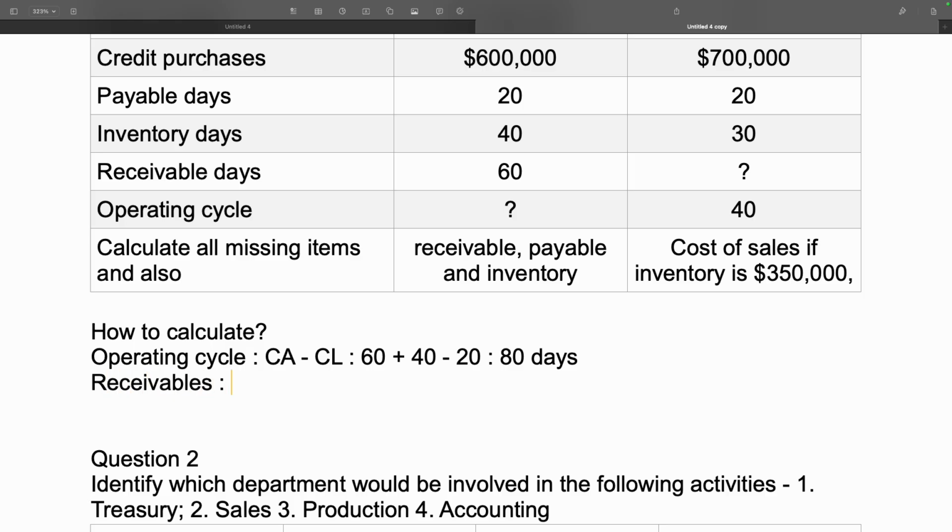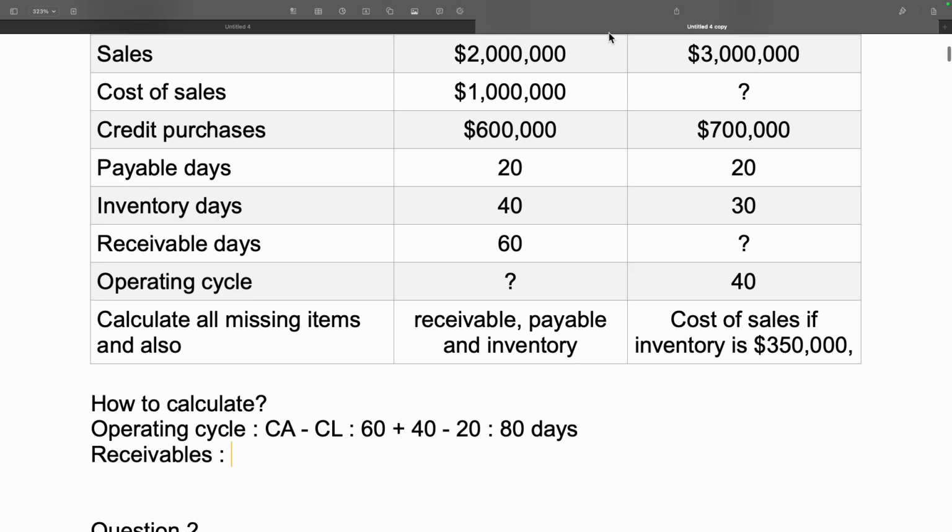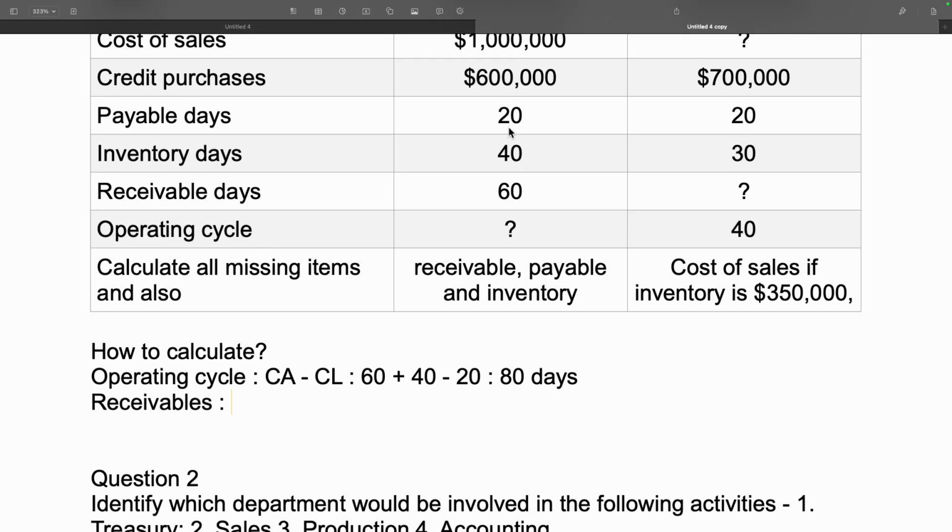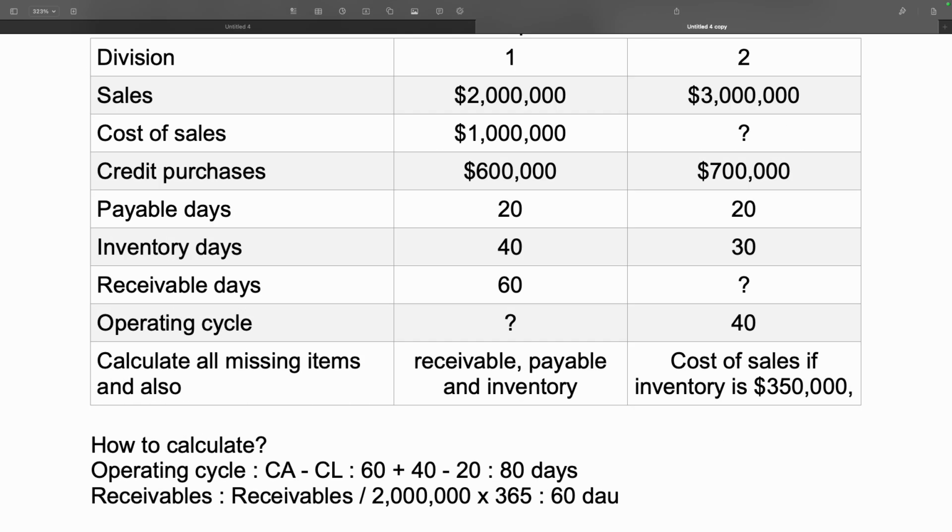This is going to be, well, you already got receivable days and you got sales. Equals 60 days. So you're going to calculate receivable.